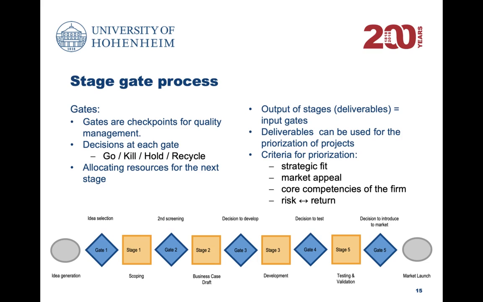So the review board or the review team basically needs information to make the decisions, and the decisions are either to go from one stage to the next, kill, then basically the project is abandoned.